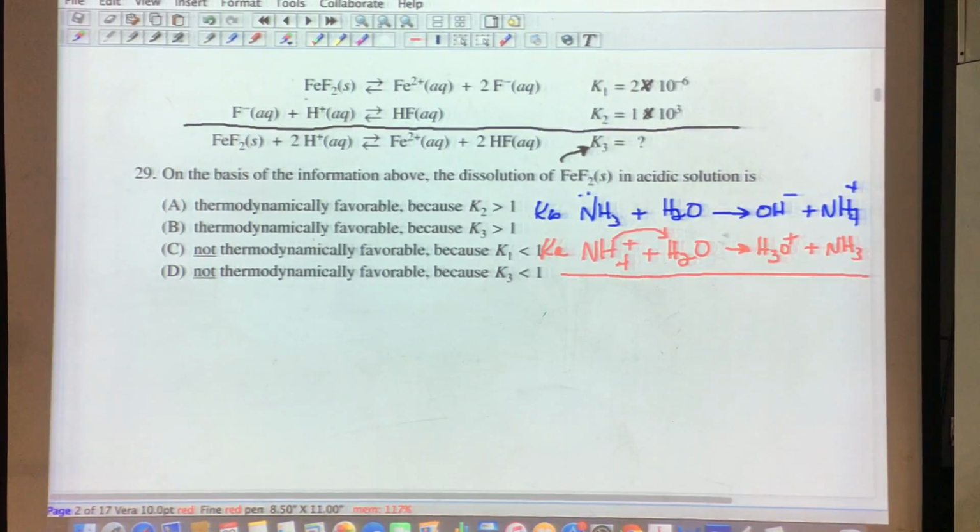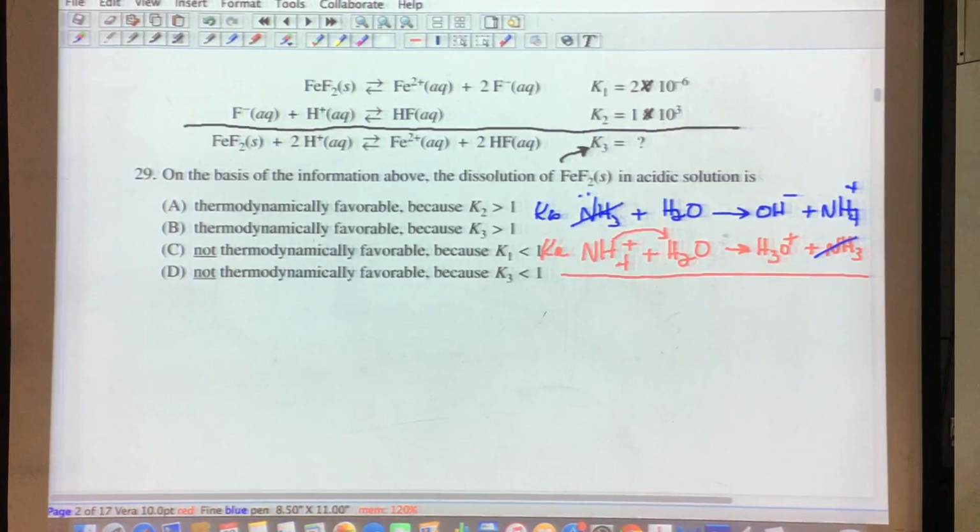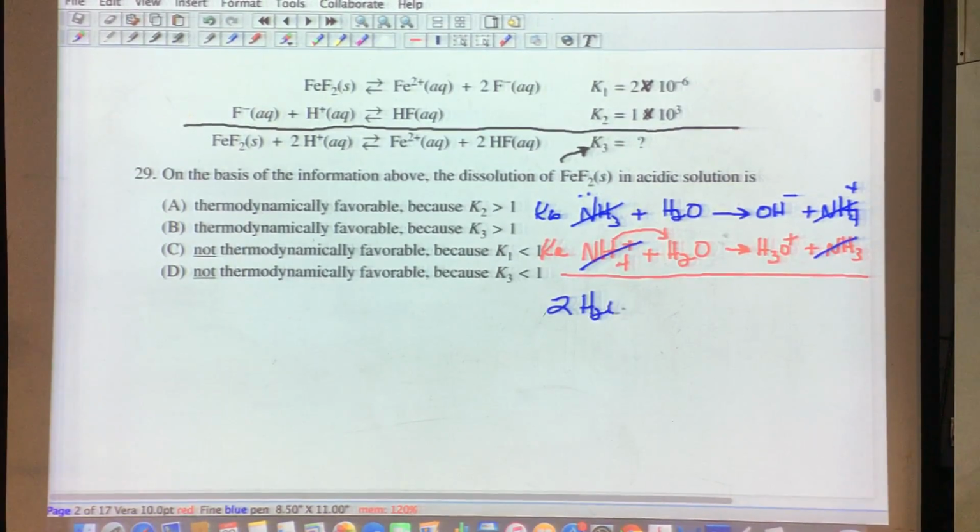And you notice, when I cancel everything off, what am I going to get? I'm going to get two waters doing what? Breaking apart into the hydronium ion, the acid part, and the hydroxide, which by the way equals what? What is this reaction? Kw.